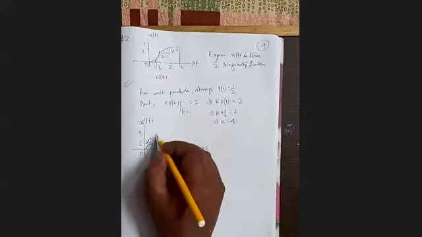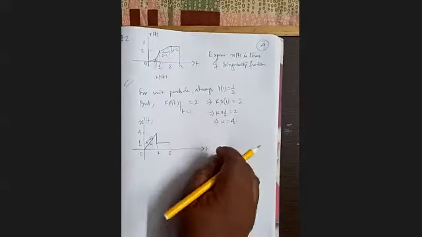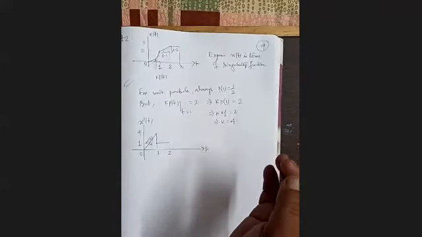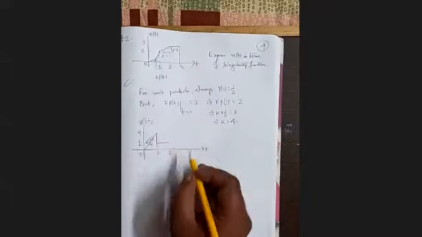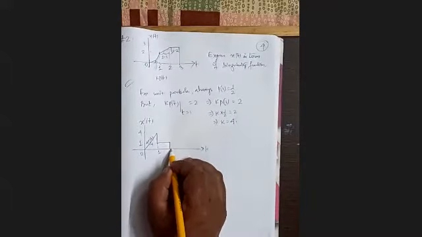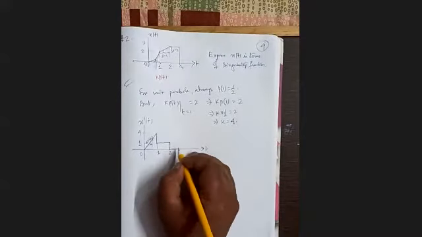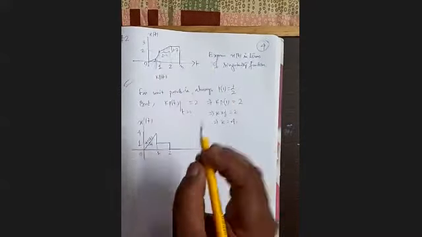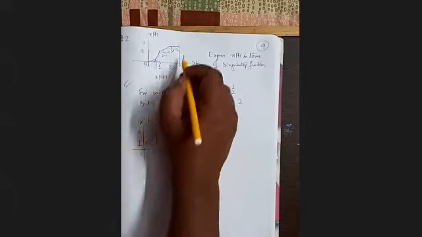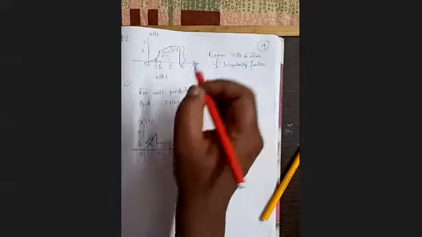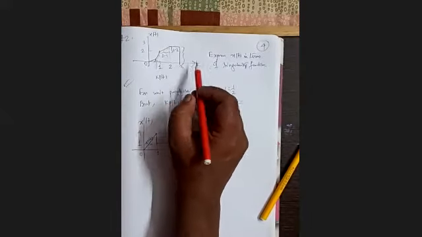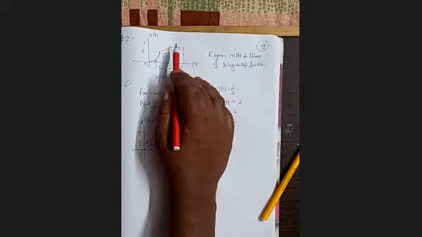One. Then it is a horizontal line, slope is 0. So between 2 to 3, its slope is 0. Then at 3, what will it be? I already told you what the height of discontinuity is. We know our height of discontinuity is given by the right neighborhood value minus the left neighborhood value.